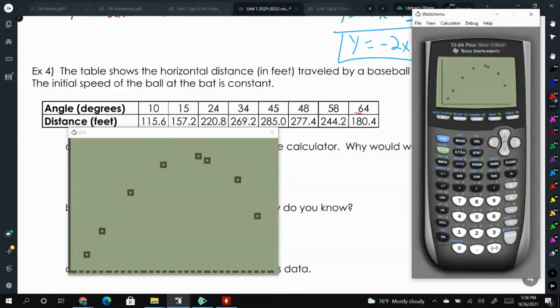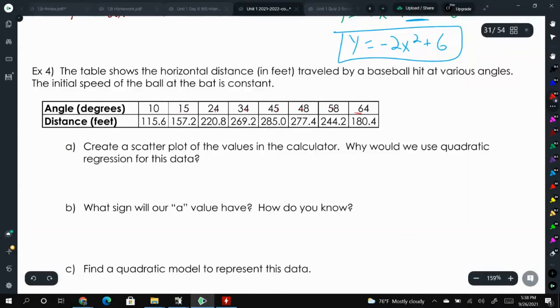And what that automatically does is adjust our window to fit all of our data. So this is only showing us quadrant 1. And you can see from our dots that this is pretty parabolic. We can kind of see where our vertex might be. Our graph goes up and then it comes down. So this is going to be a quadratic regression.